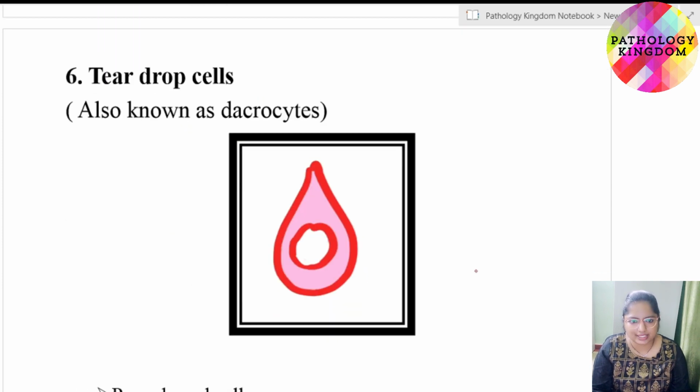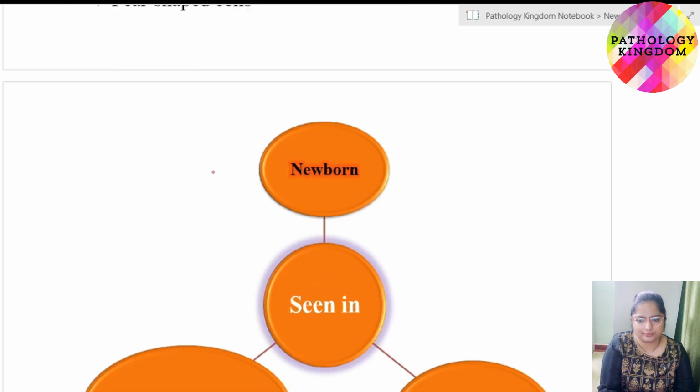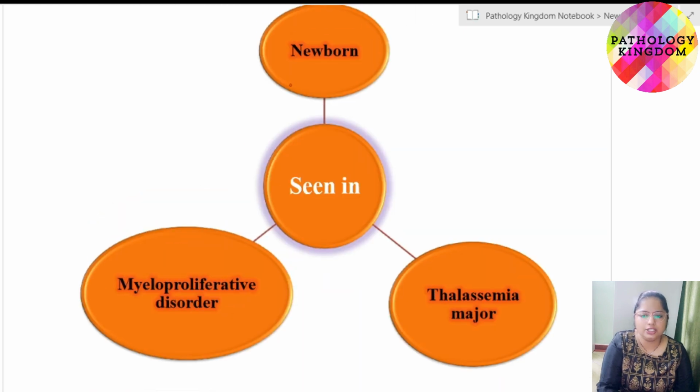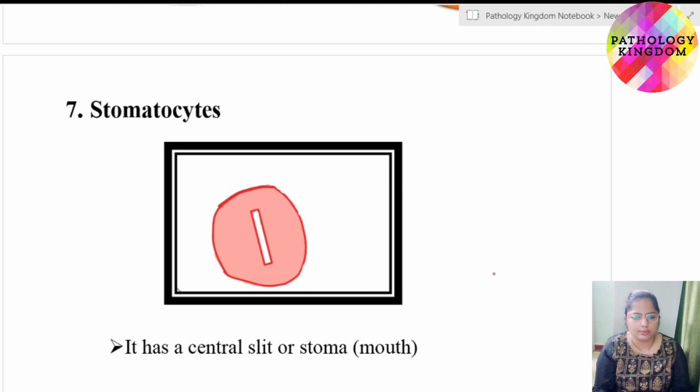Now teardrop cells, also known as dacrocytes. They're pear-shaped cells. They are seen in newborn, thalassemia major and myeloproliferative disorder. Stomatocytes have a center slit or a stoma. Stoma means mouth.